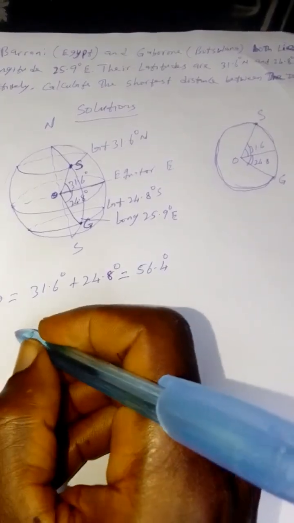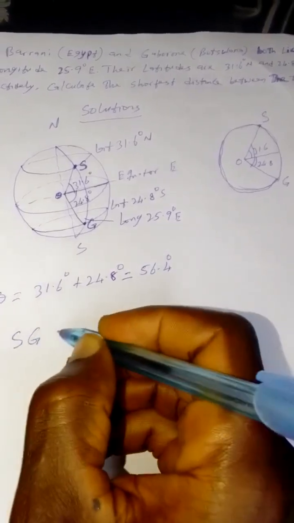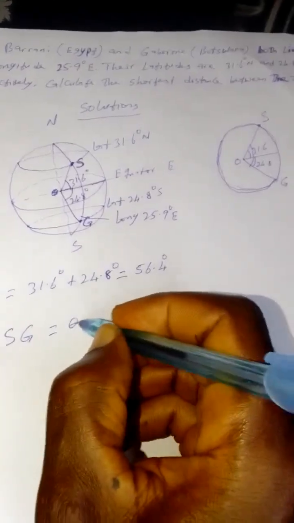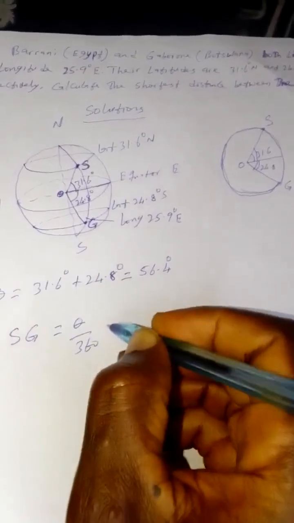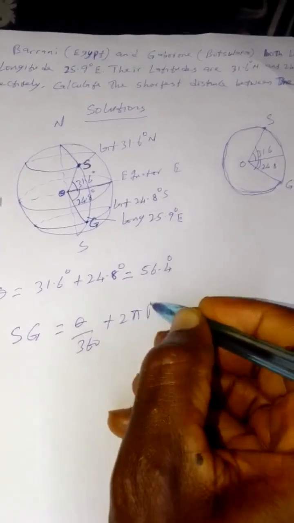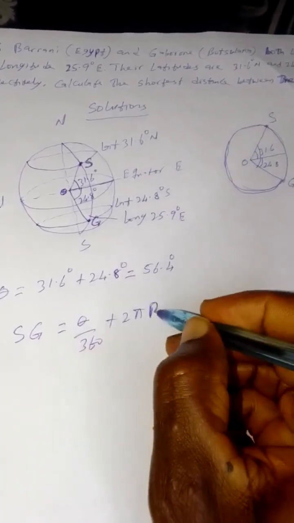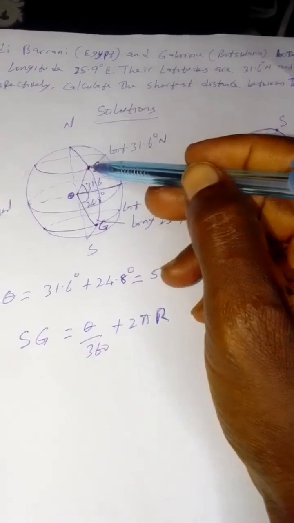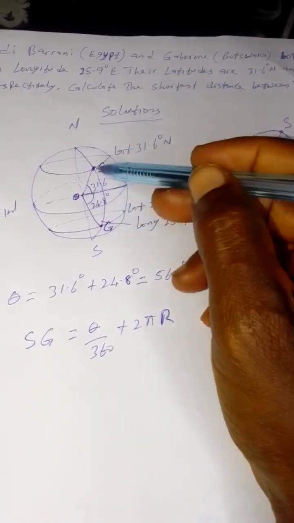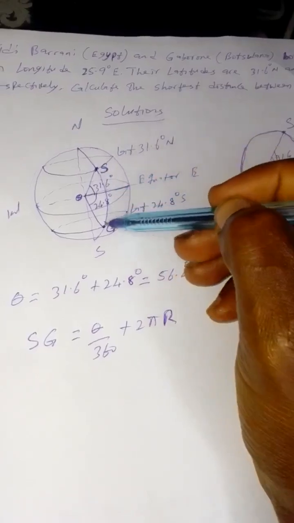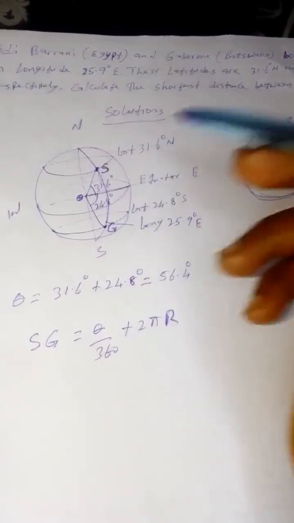So our SG equals theta over 360 times 2 pi R. Why am I using capital R? Because the journey is along the great circle, along the longitude great circle.